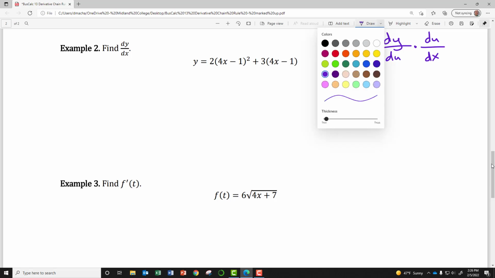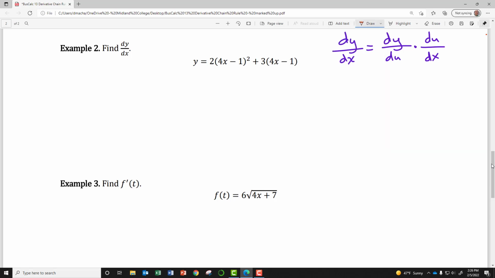And personally, I think that this notation to represent the chain rule is neat. I like this notation a lot because you can kind of see whenever I have that du, it's representing a small change in this value slash function.